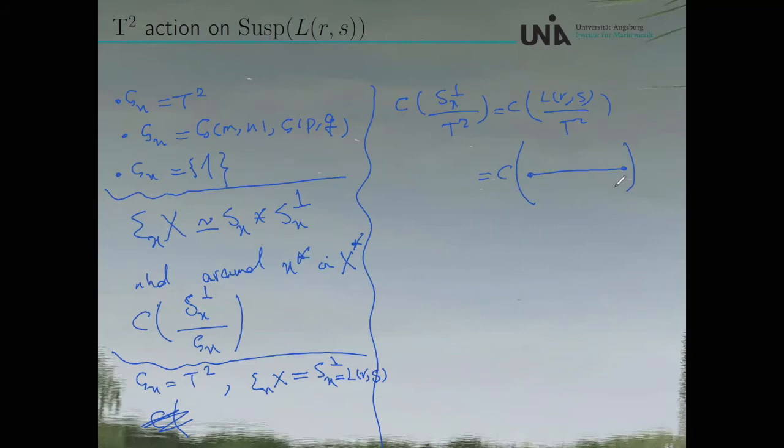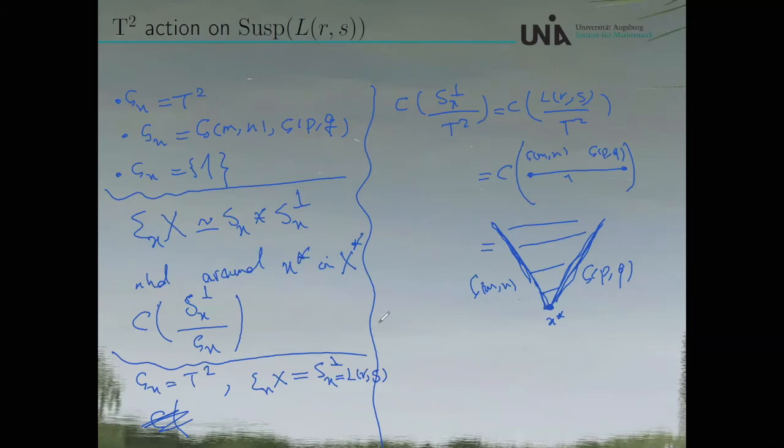It's a cohomogeneity 1 action with weights GMN and GPQ. So what I get is something like this. It's a cone. Here we have the fixed point, x star, and then I associate to the points on this arc GMN, and to the points on this arc GPQ. These are the weights that I associate to these points in the orbit space.